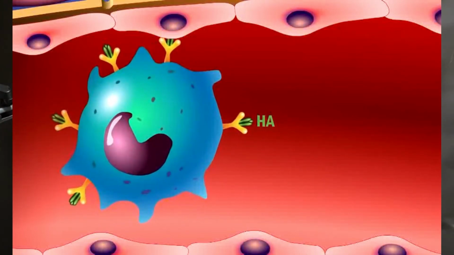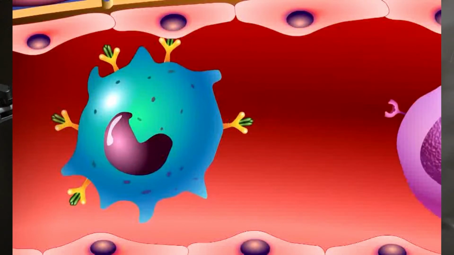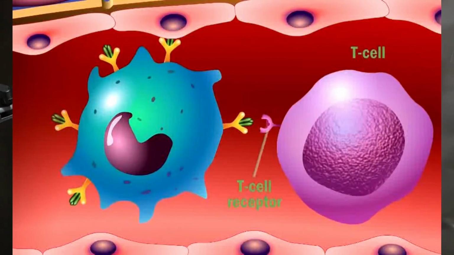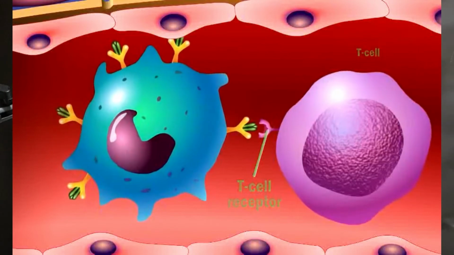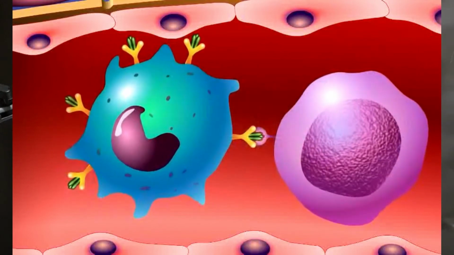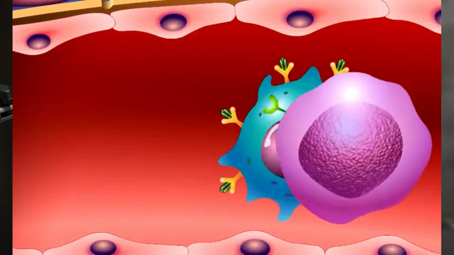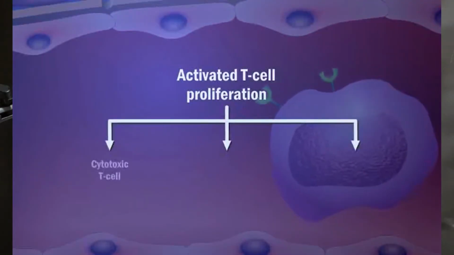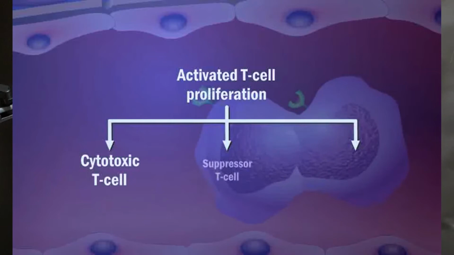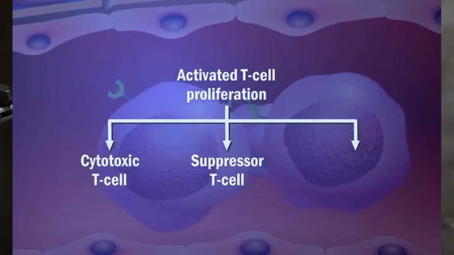The macrophage displays on its surface the HA protein together with a major histocompatibility, or MHC, complex. Then the T cell will recognize and bind the antigen and become activated to become either a cytotoxic T cell, a suppressor T cell, or a helper T cell.